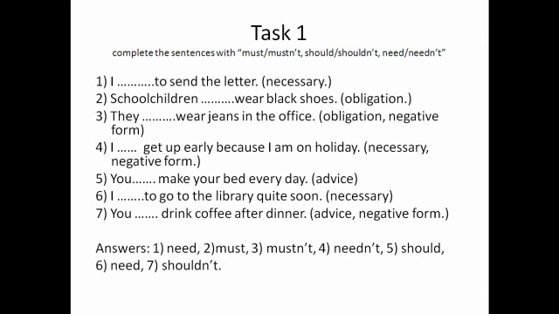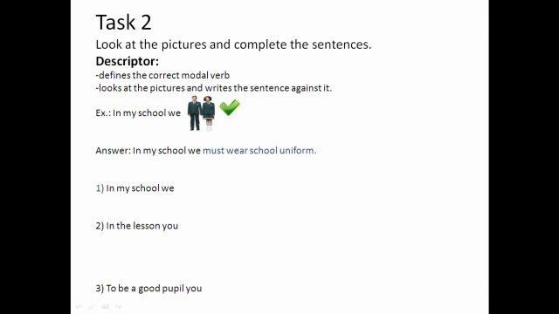Well done. The next, task number 2. Look at the pictures and complete the sentences. You should choose the correct modal verb, and you should also look at the picture and write the sentence according to this picture.